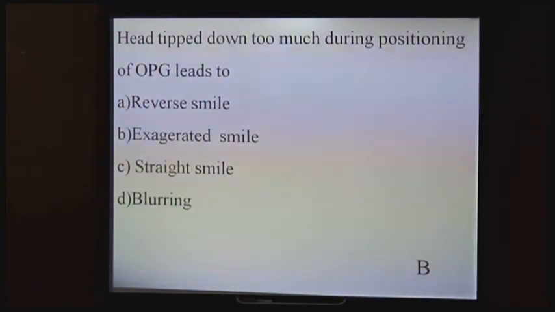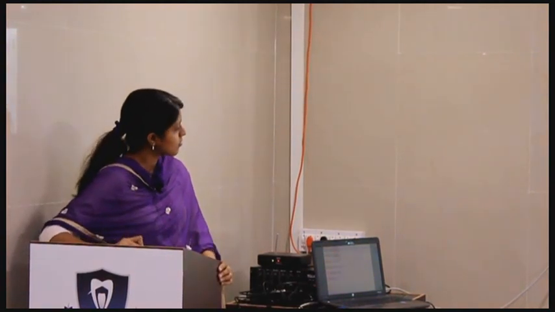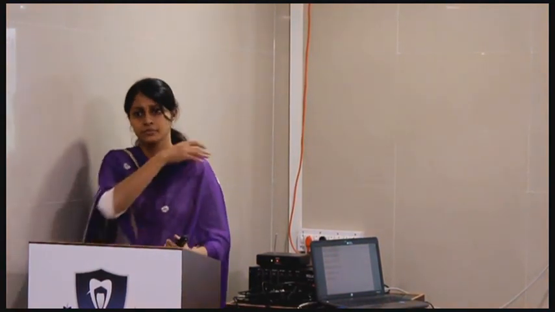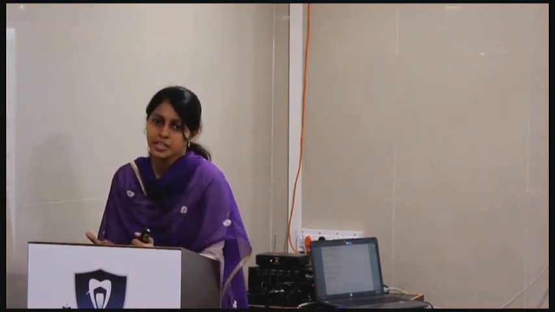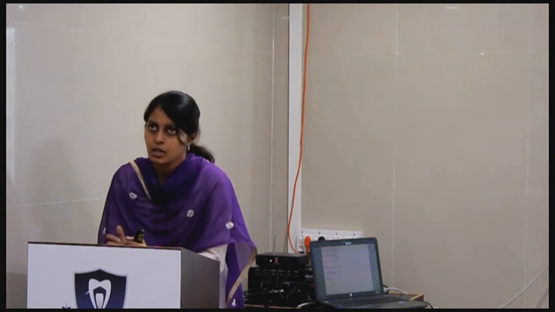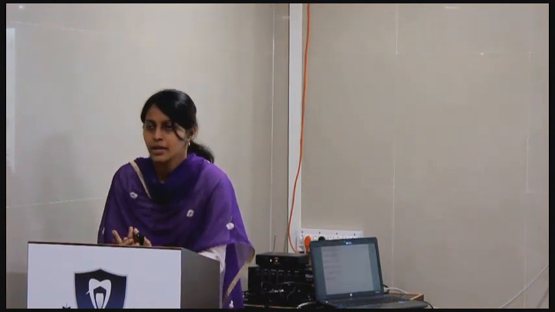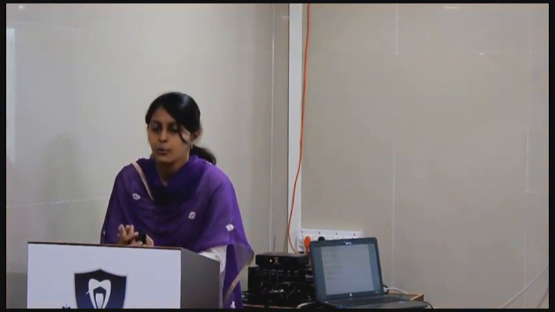You tip down and smile, your smile is your exaggerated smile. You tip up and see, your smile becomes reverse. And when do you have blurring? Motion artifact. Patient moves during exposure, you have a blurring. And ghost image is one artifact. When do you have a black image on one half of your OPG?